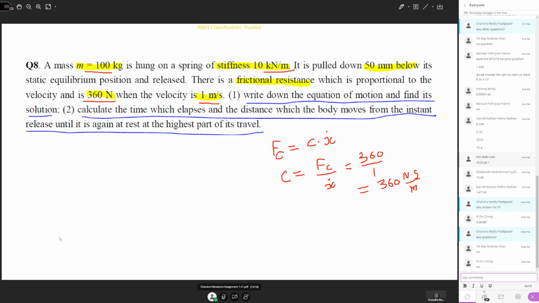Okay, so we know the mass, we know the stiffness constant, and now we could find out, based on the description, the damping constant C. So that means we know mass, K, and C. So C we can write as 360 newton second per meter.